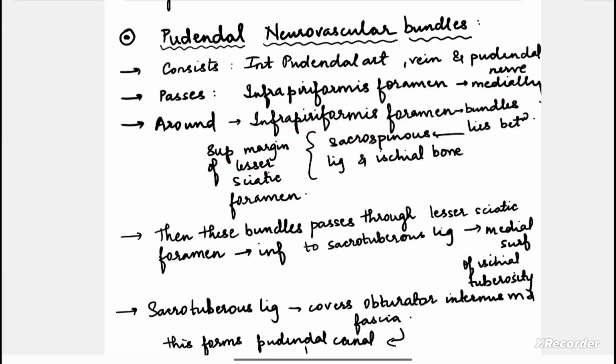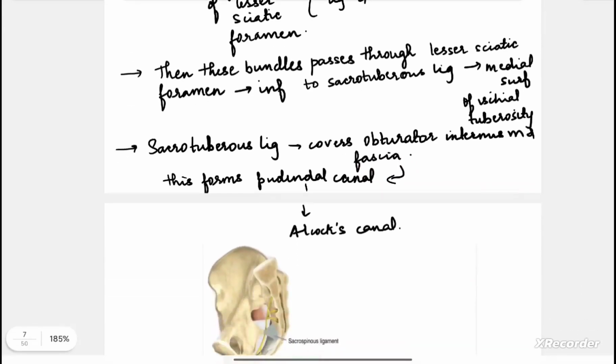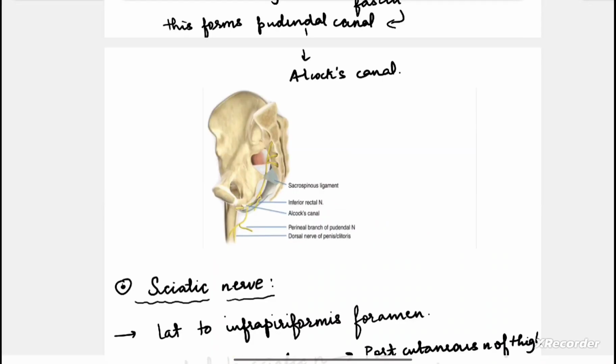Then these bundles pass through the lesser sciatic foramen, inferior to the sacrotuberous ligament, on the medial surface of the ischial tuberosity. The sacrotuberous ligament covers the obturator internus muscle and fascia. This forms the pudendal canal, which is also called Alcock's canal. You can see this Alcock's canal in this diagram.